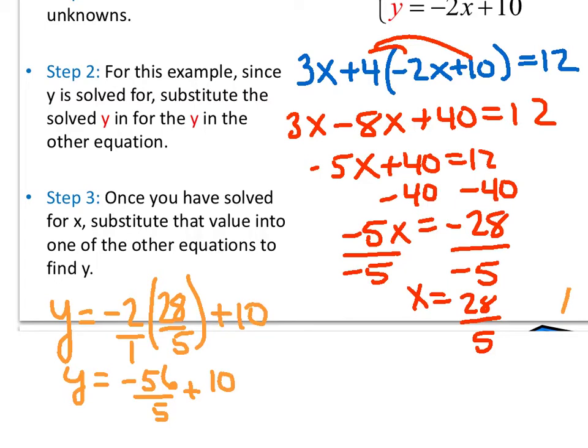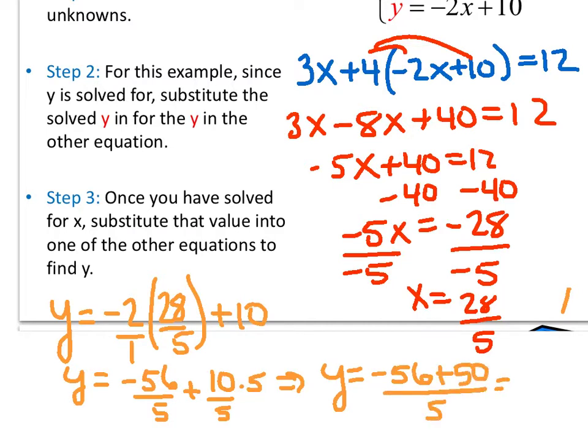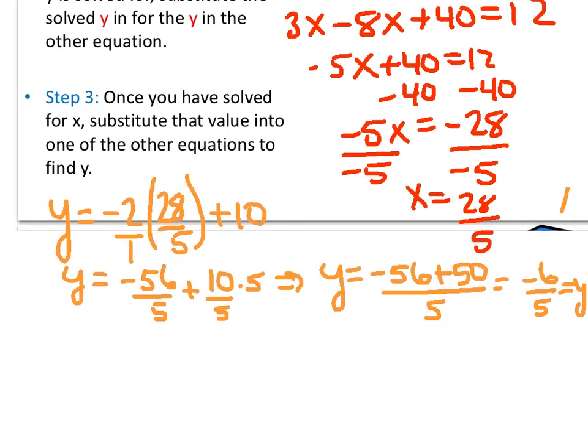So I'm going to change the 10 into a fraction with denominator 5, so multiply top and bottom by 5. So I get y equals negative 56 plus 50 over 5, which is going to give me negative 6 on the top and 5 on the bottom. So there is my solution, all right? That's y, that's x. So my solution would be 28 fifths and negative 6 fifths.